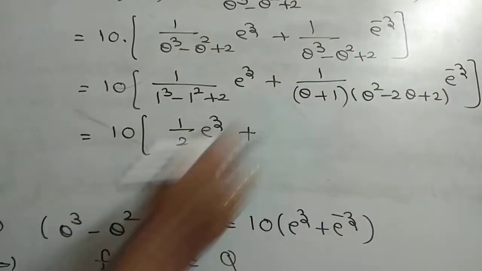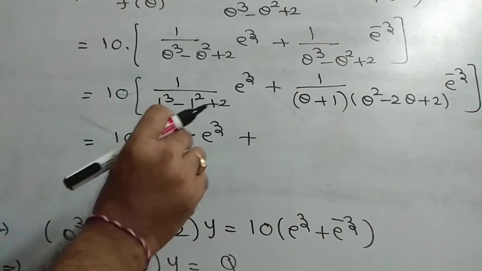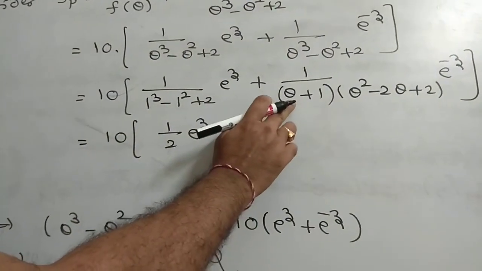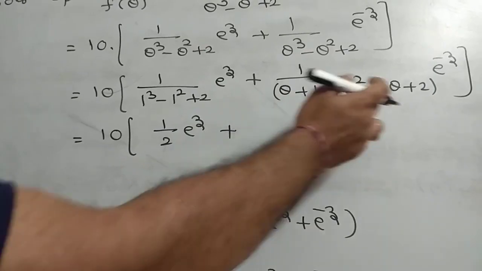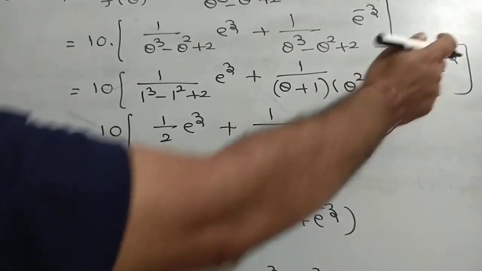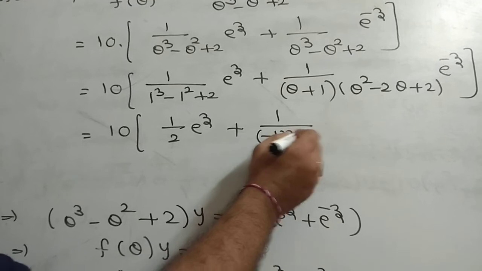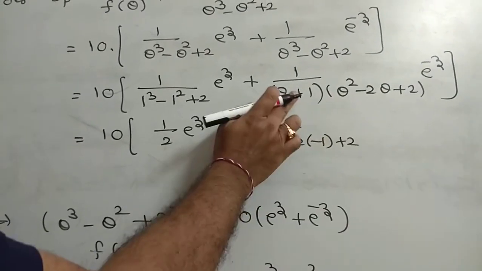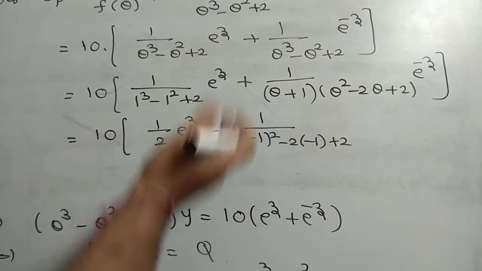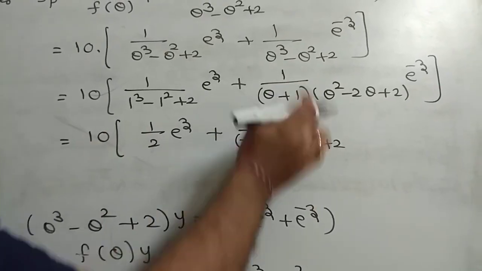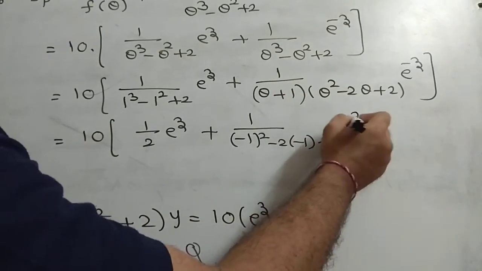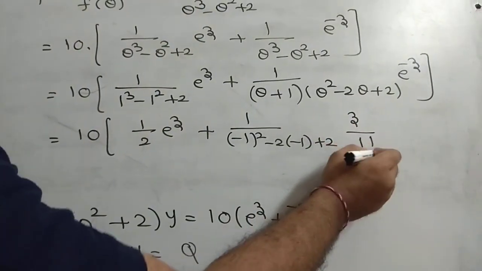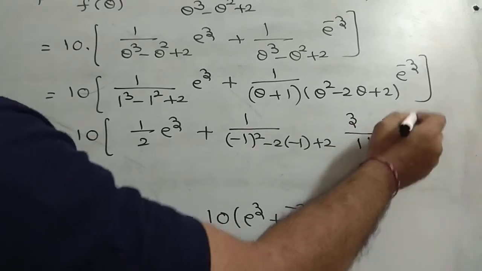Now you are substituting that a value in the factor where you are not getting 0. So if I write the a value minus 1, here you will get 0 value. The rest of the factor you are just substituting. It is minus 1 whole square minus 2 into minus 1, and here it is plus 2. Since here you are getting a 0 value, as per your principle, the power is nothing but 1. So I can write here it is z divided by the power value, 1 factorial, and e to the power of minus z.